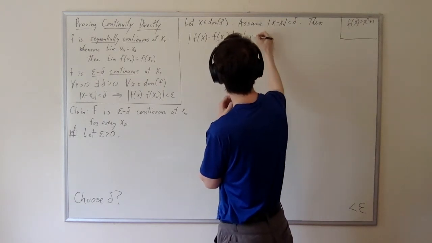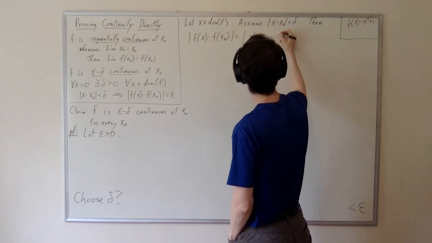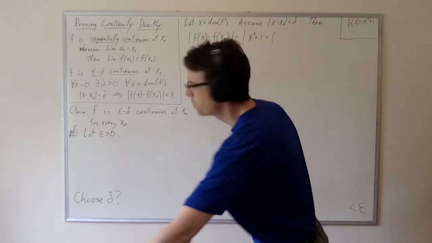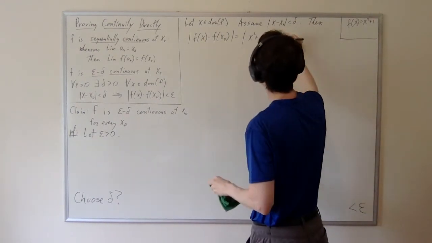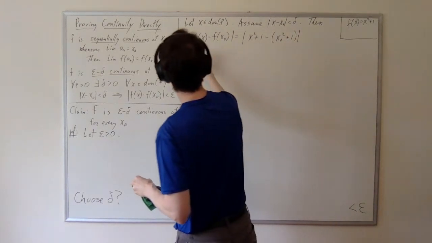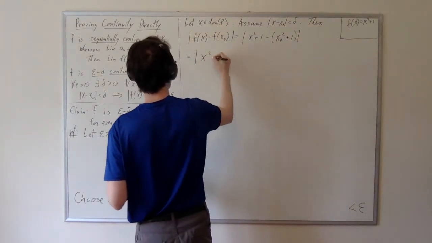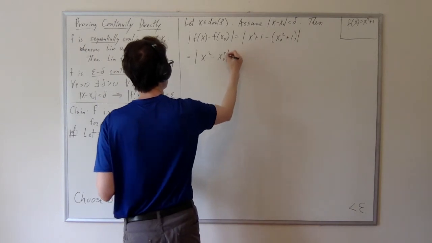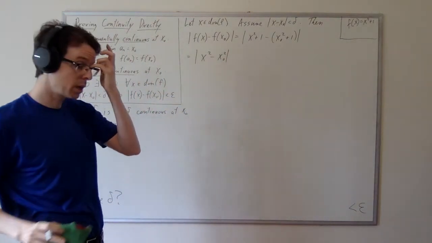So this is going to be x squared plus 1, and this is going to be, sorry, that's minus. And this other term that is subtracted is going to be x naught squared plus 1. And so we get an immediate simplification because the 1's cancel, and we get x squared minus x naught squared.